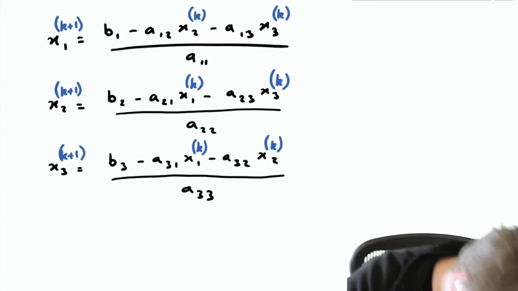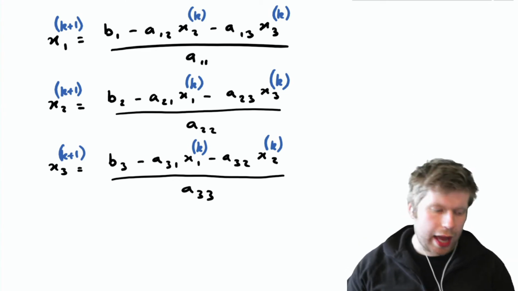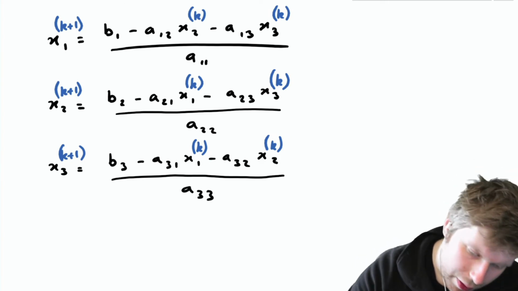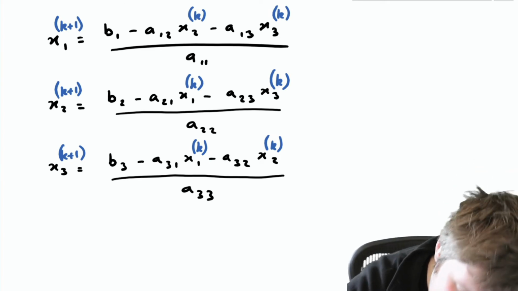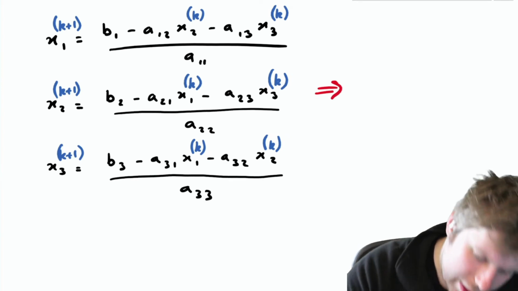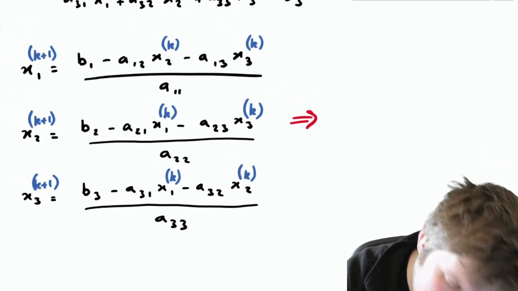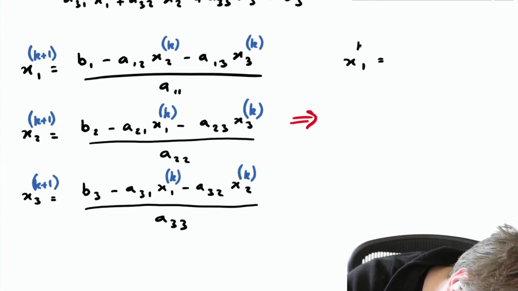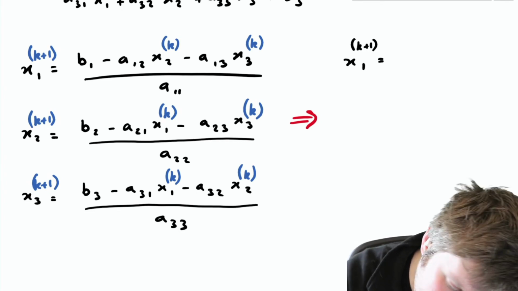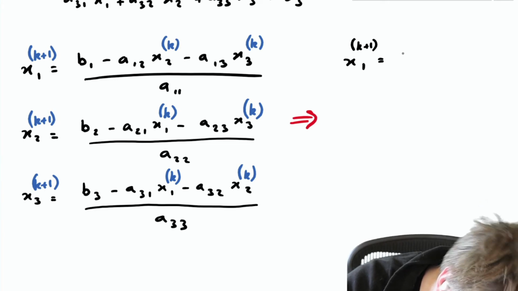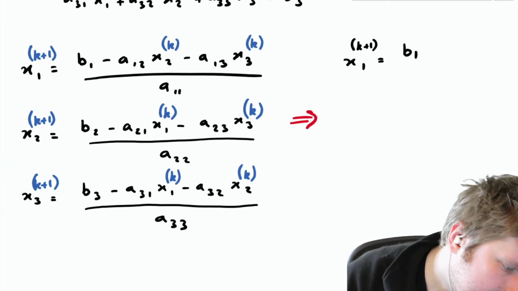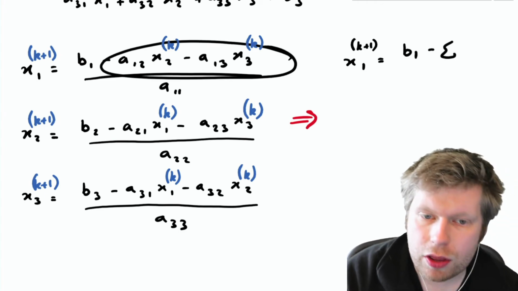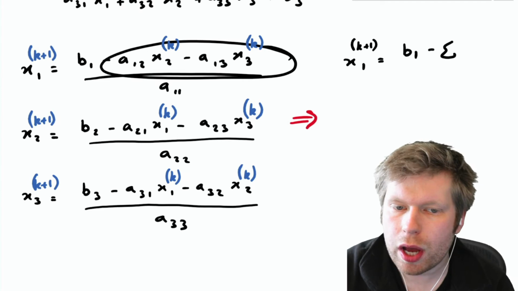Now that's really useful because what I'm going to do now is think about what it's going to look like in general. So in order to get this done in general, can you see that I can basically write that x1 at the k plus 1th step will be equal to whatever the first equation is, so it'll be b1, take away the sum of the coefficients in that particular row times the unknown.